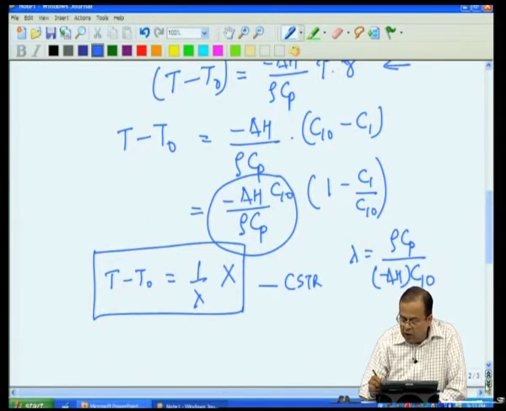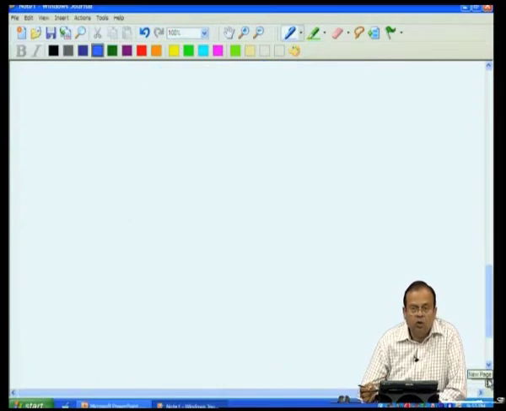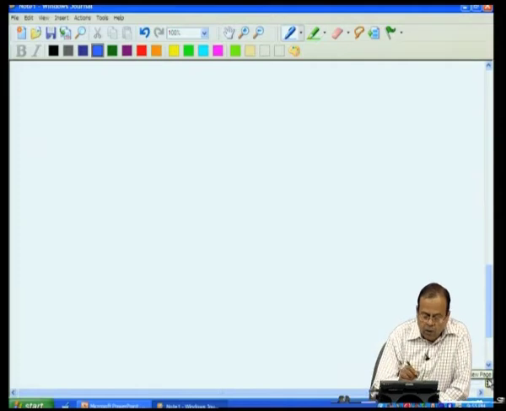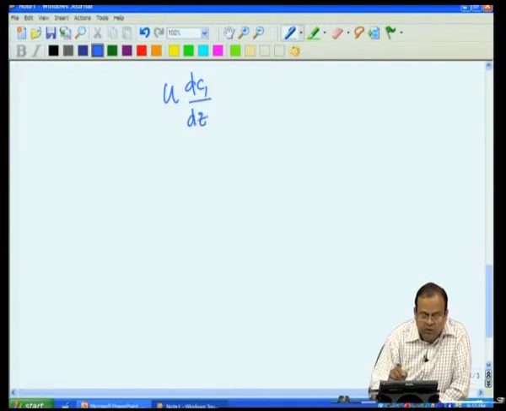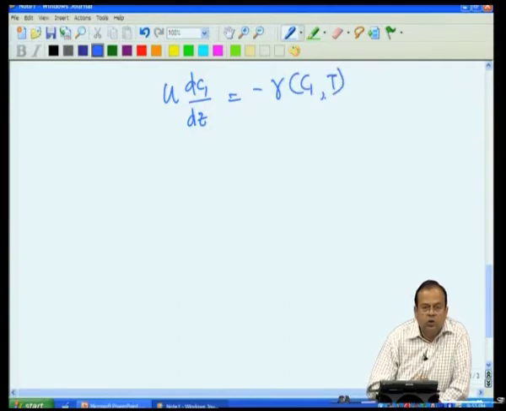Okay. Let us try to do the same thing for a plug flow reactor or a tubular reactor. Now, for a tubular reactor, same reaction, we have a mass balance equation which looks like U dC1 dz.